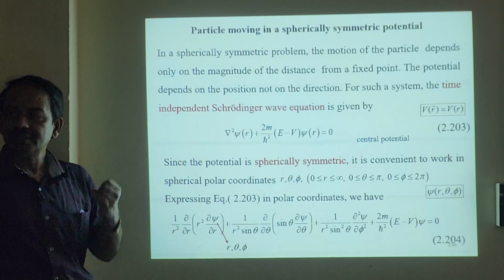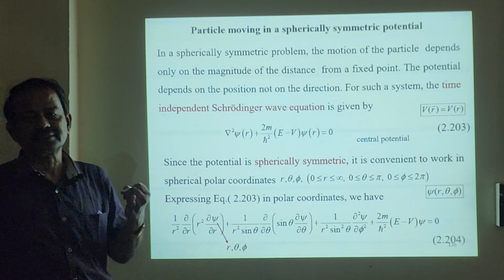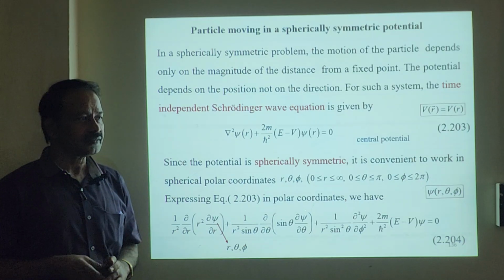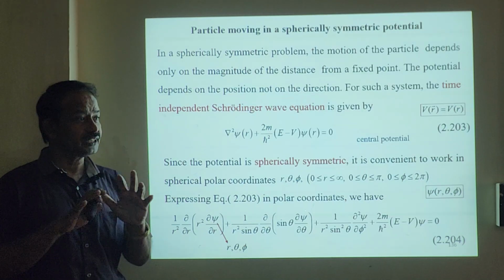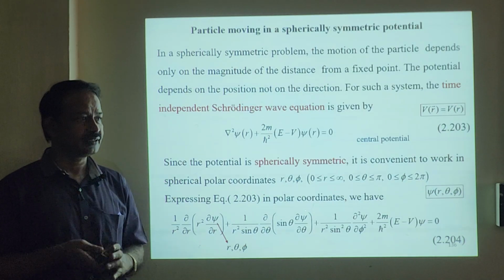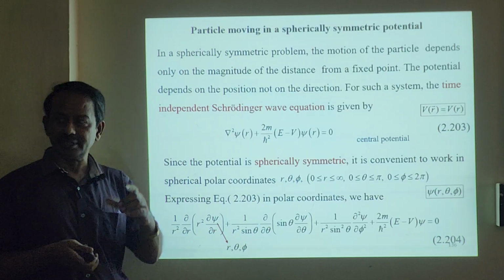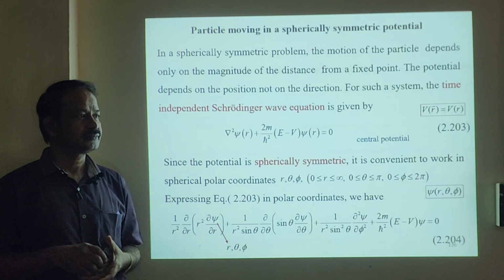Similarly here also we are going to use three coordinates. It can be either Cartesian coordinates like x, y, z, or we can consider a system as a sphere. Then we will have to use polar coordinates r, theta, phi.